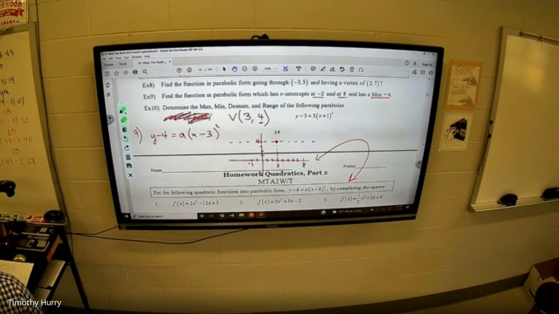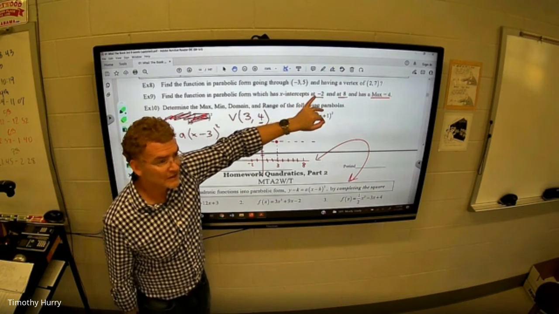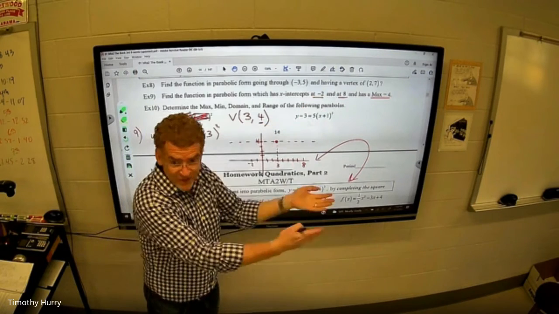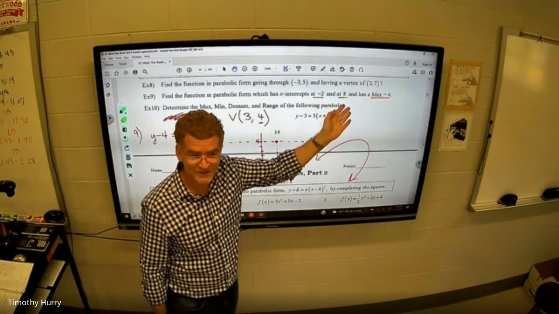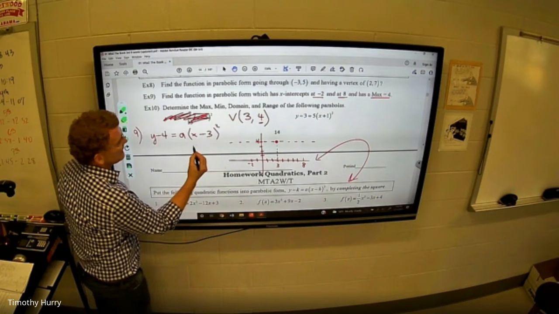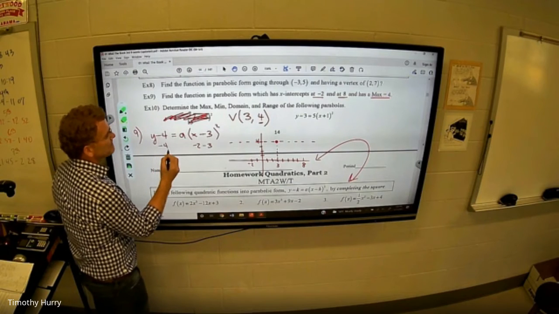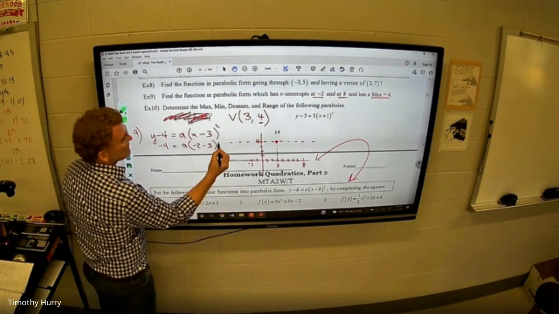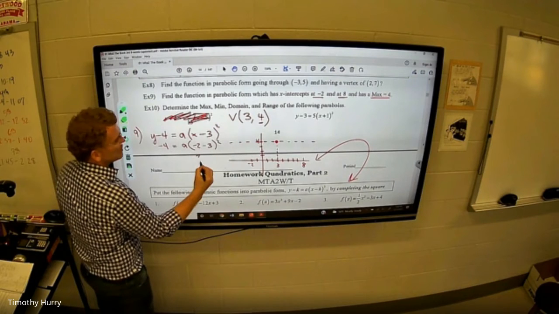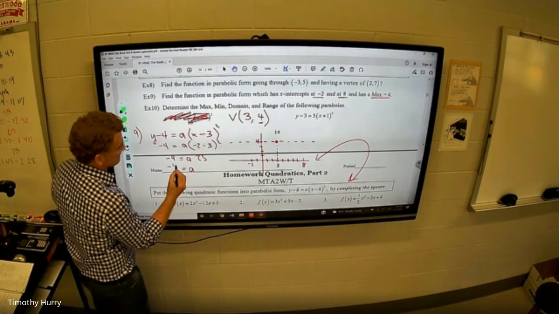So I need to plug what in there? Some other point, right? And I only have intercepts. So I plug in either -2, 0, or 8, 0, whichever one you want. Notice it'll give you the same thing. If I plug -2 in there and 0 in there, I get -5 squared. 25a is -4, so a is -4/25.